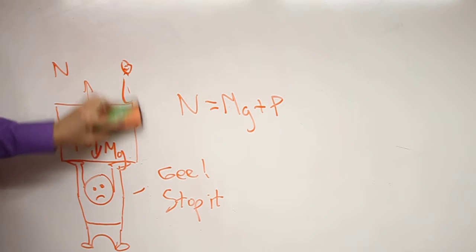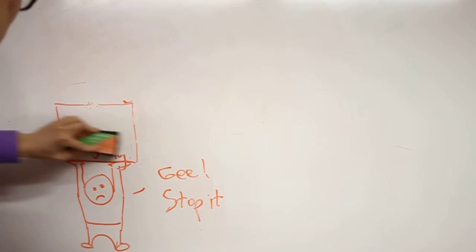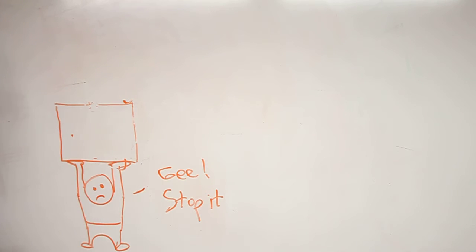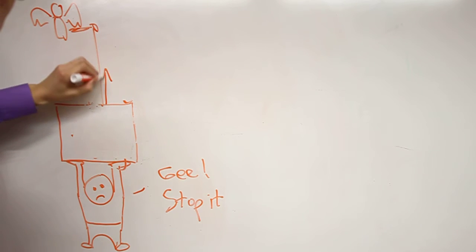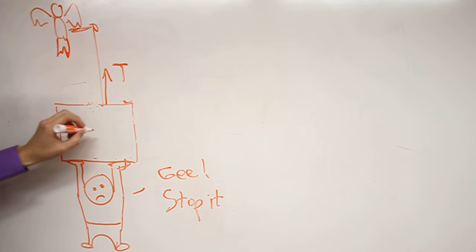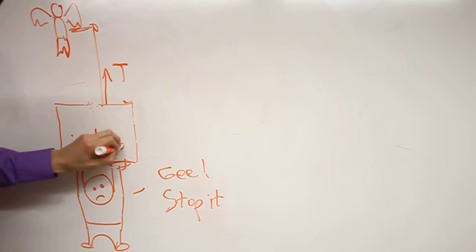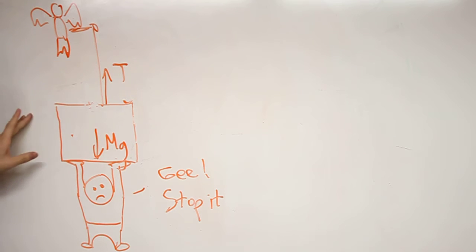Now let's say, instead of the dude sitting there, he's got some kind of guardian angel that is helping by pulling upwards on this box. Or maybe it's a fisherman, I don't know. And then the box still has mg, but now there's some tension relieving the weight of this box.